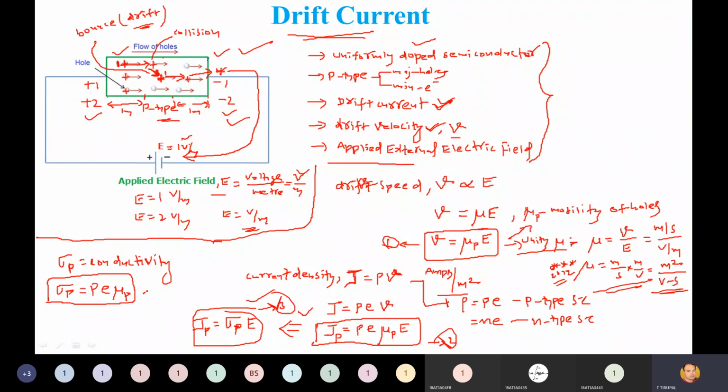Now, what are the units for sigma P? How do you find the units? It can be written as JP divided by capital E. Now find out the units and tell me: what are the units for conductivity?